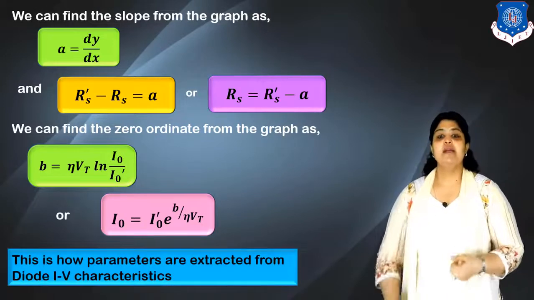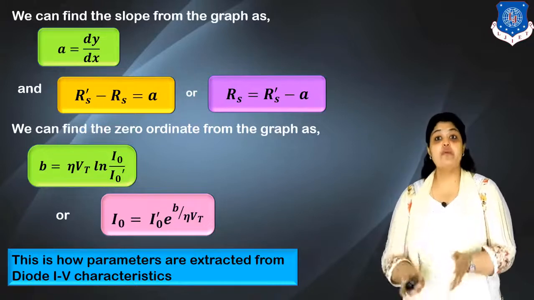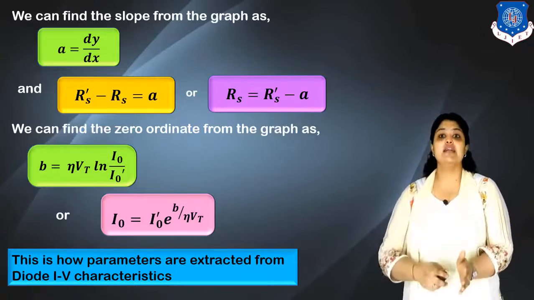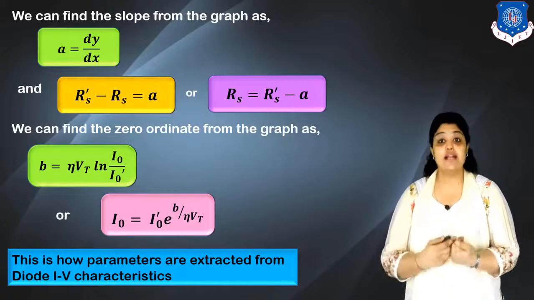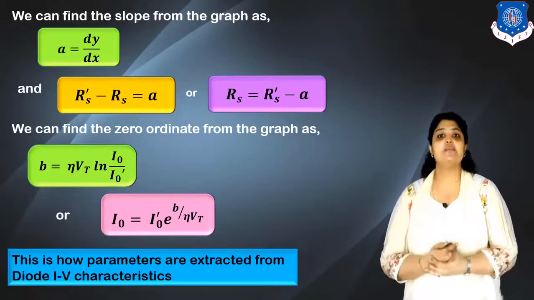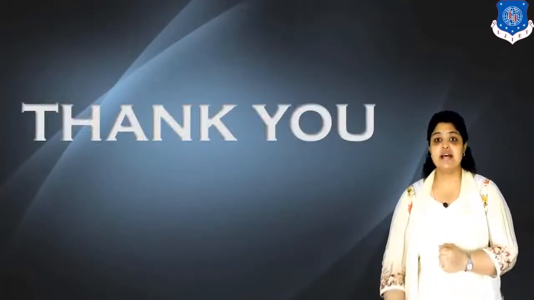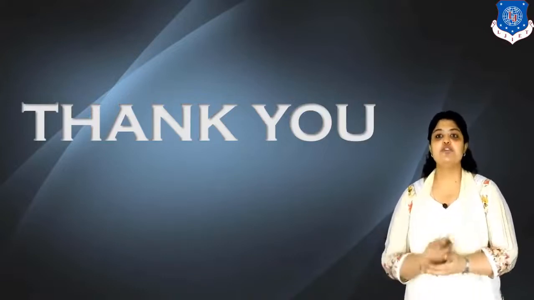This is how parameters are extracted from the diode IV characteristics. So from the graph we can study and determine the values like series resistance, saturation current and ideality factor. So this is how the method is useful. Today we have discussed the relation between voltage as a function of current.